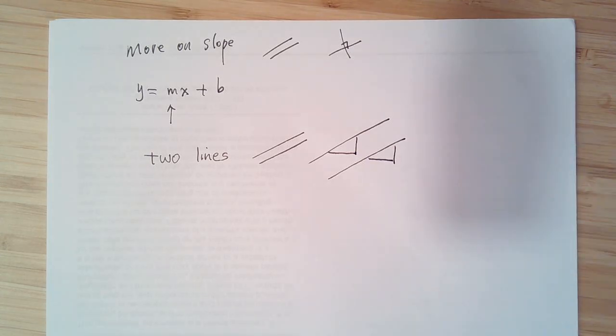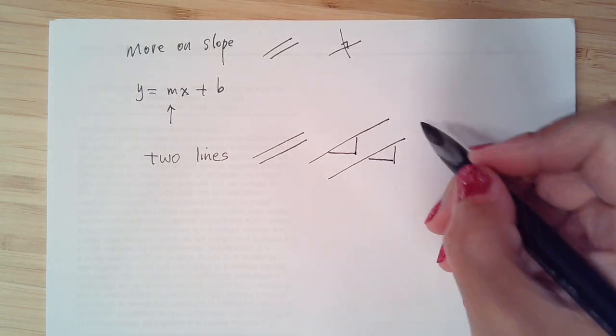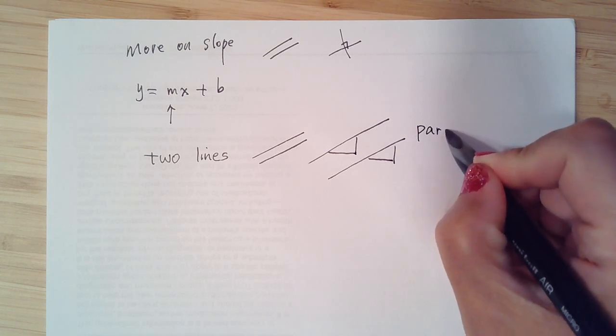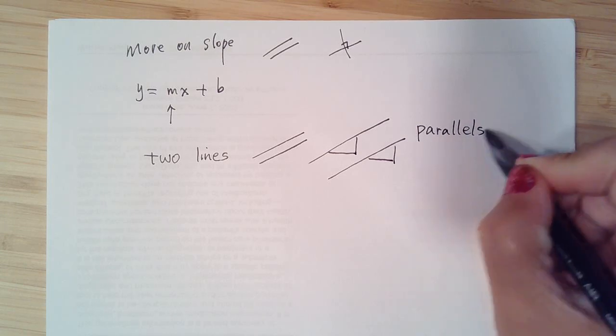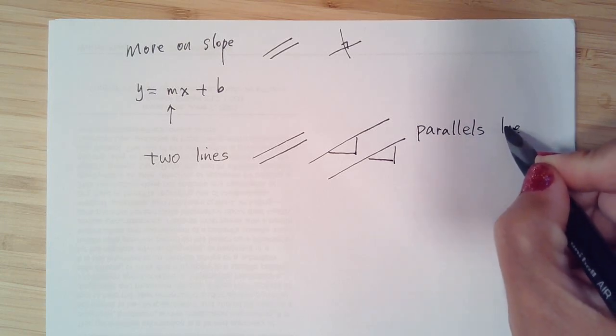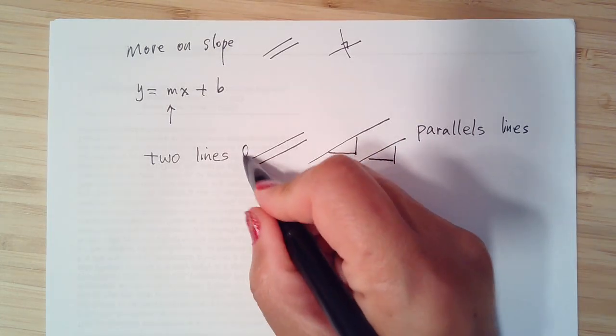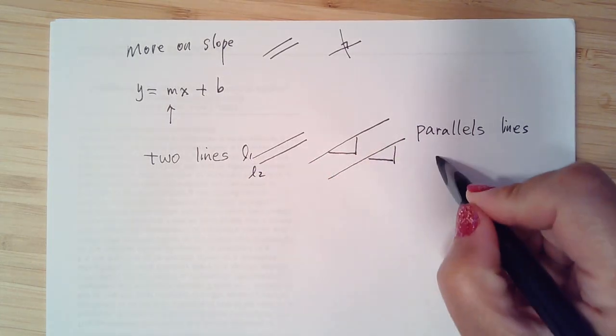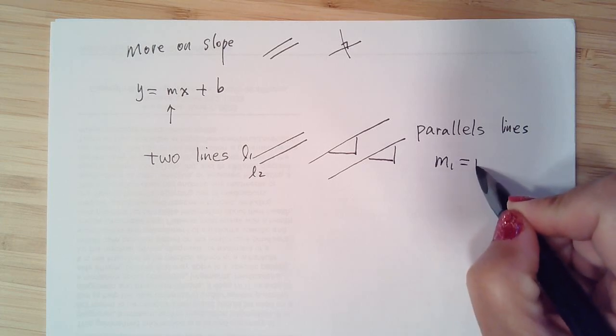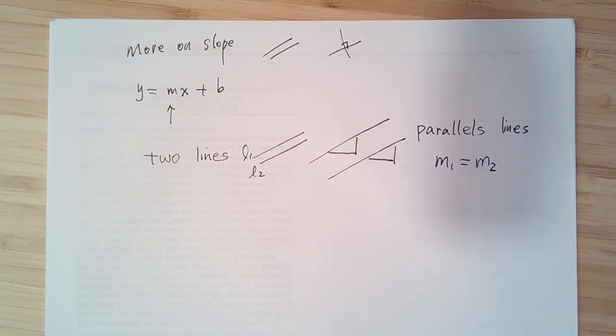For two lines, we call them L1 and L2, then m1 should be the same as m2, which means parallel lines have exactly the same slope.